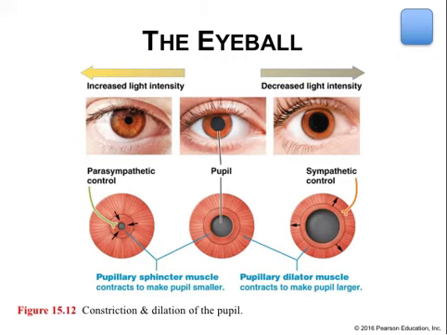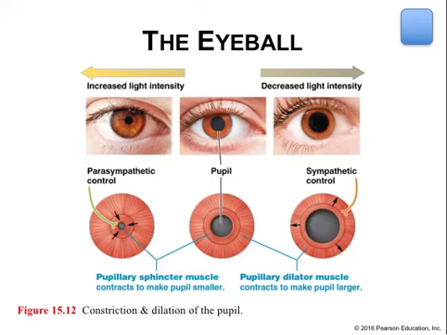This decreases the size of the pupil and restricts the amount of light that enters the eyeball. The pupillary dilator muscle, also found in the iris, contracts during sympathetic activation and allows the pupil to increase in size and allows for entry of more light into the eyeball.